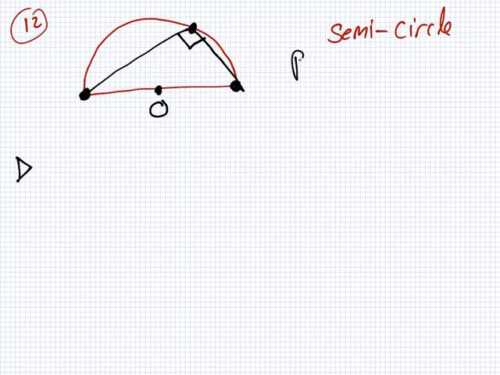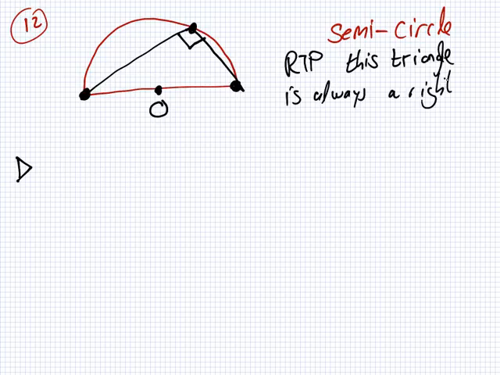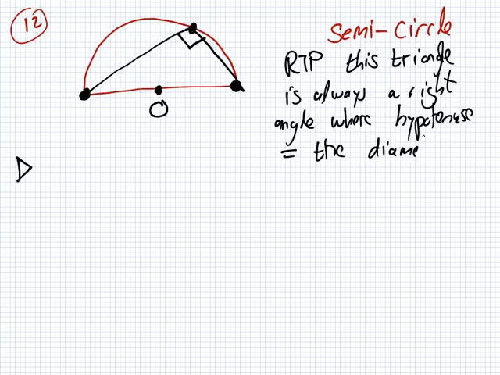We need to prove this triangle is always a right angle where the hypotenuse is equal to the diameter.